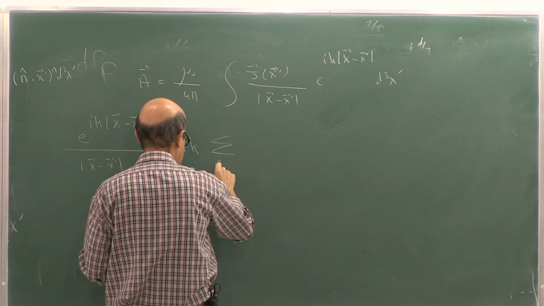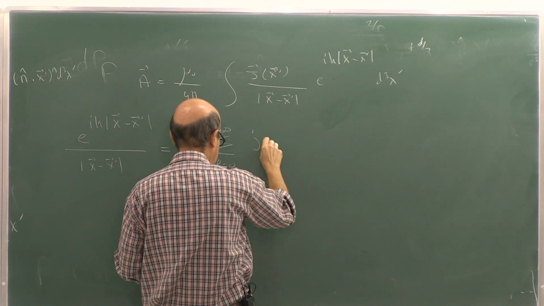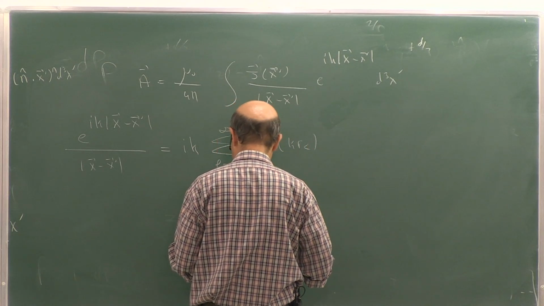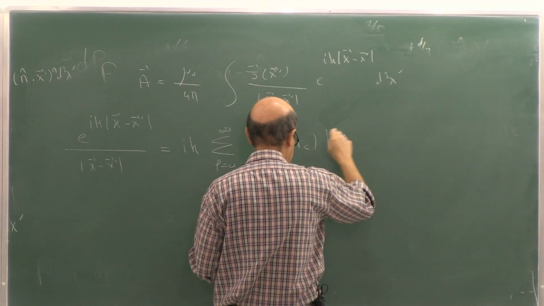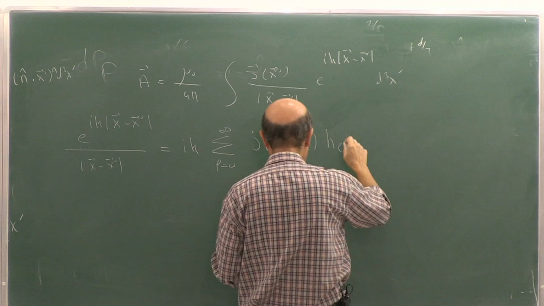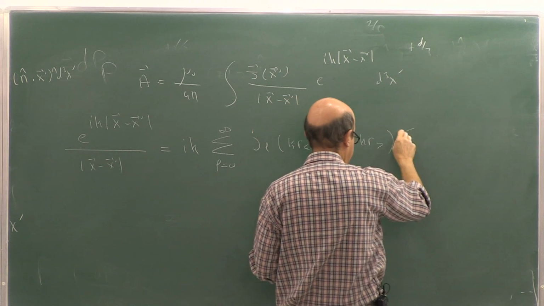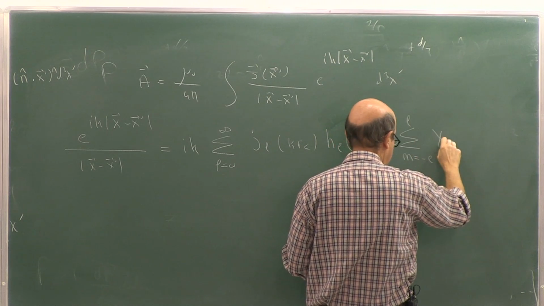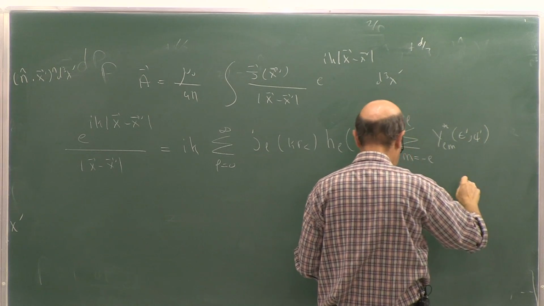So this is equal to the sum from l equal 0 to infinity of j_l(kr to the smaller), h_l(kr to the greater). These are the Bessel functions and the Hankel functions. Then the sum over m from minus l to plus l of Y_lm complex conjugate of theta prime, phi prime.